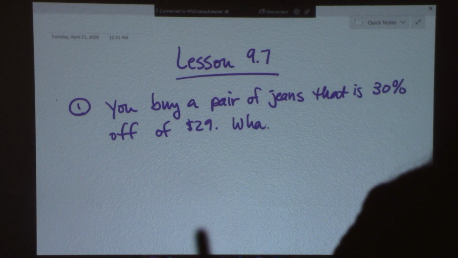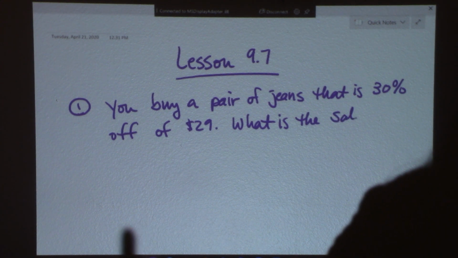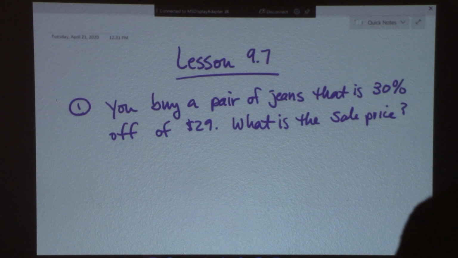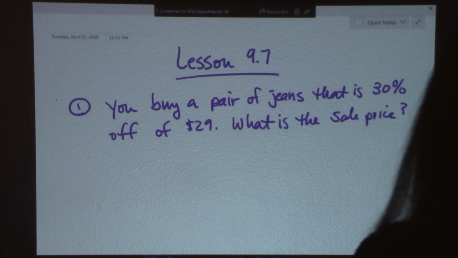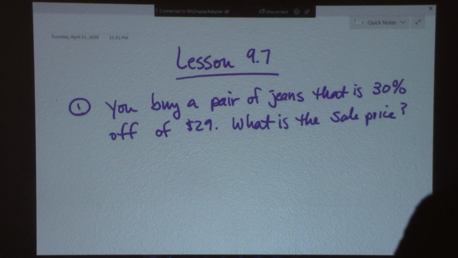What is the sale price? Okay, so go ahead and write that down. And let's look at that.